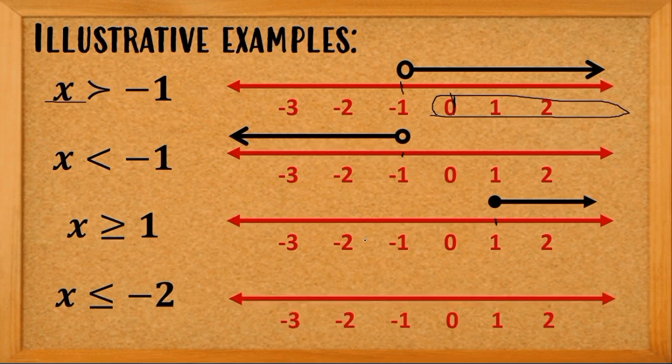Draw the number line again and locate the critical point, which is negative 2. Then draw an arrow that proceeds to the left. So this is how we illustrate a linear inequality, which can be useful in solving quadratic inequality.